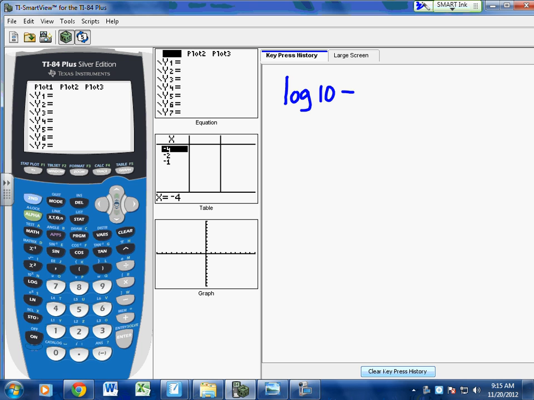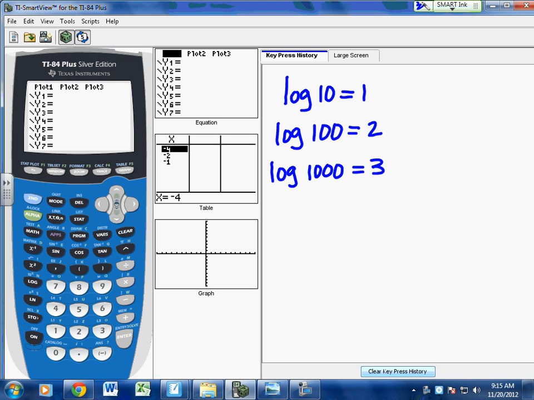It shows you 1. Okay? Yes? Okay, log of 100. It should show you 2. Log of 1,000. 3.